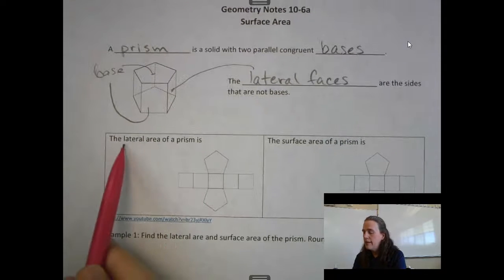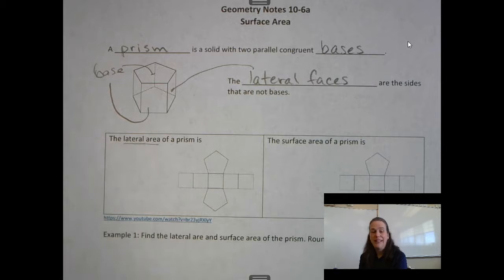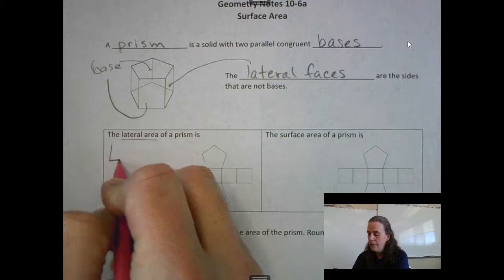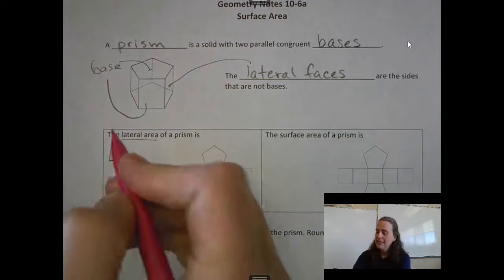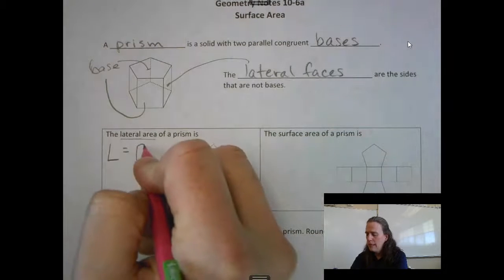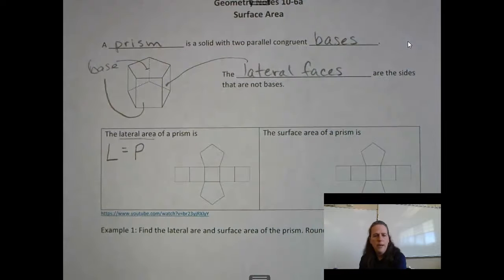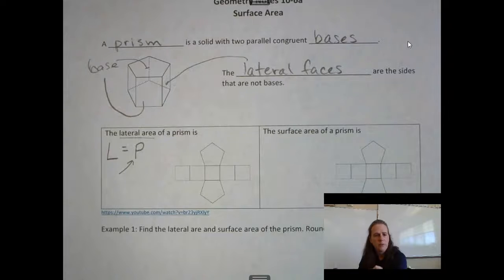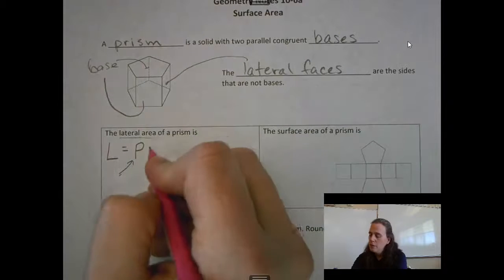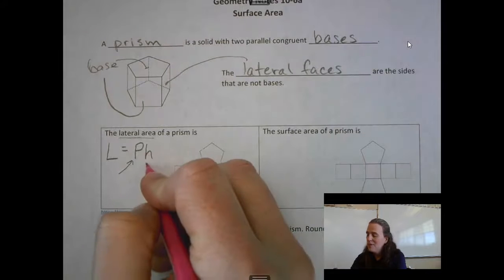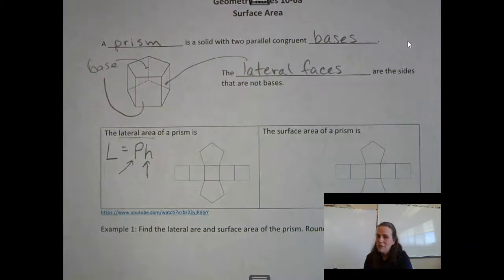Here's the formula to find the lateral area of the prism. And they use a capital L for that. The lateral area is equal to capital P, which might ring a bell from ones that we've been doing, and then we multiply that by a lowercase h, which you might also remember from the last few sections that we've done.